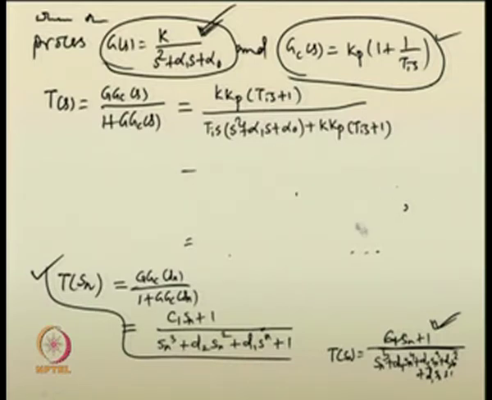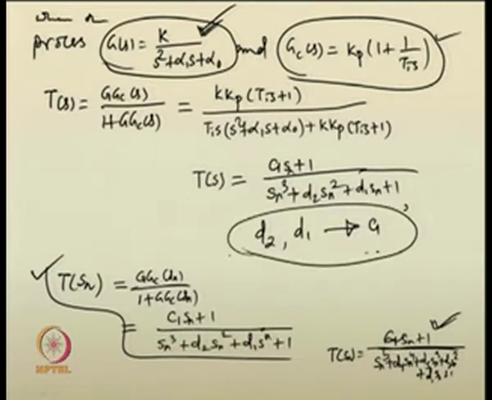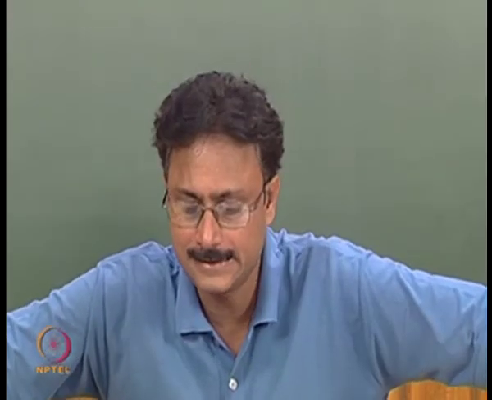If it is possible to find a convenient, satisfactory closed loop transfer function of the form (C1 s plus 1) upon sn cubed plus d2 sn square plus d1 sn plus 1, if it is possible to get a set of d2 and d1 values for some chosen C1 by optimizing some performance index, in that case what will happen?